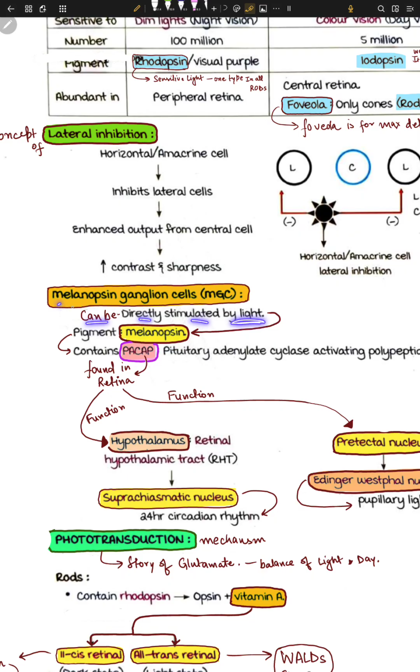And these cells, melanopsin ganglion cells, I told you ganglion cells make the axons of the retina that go to the thalamus, right? So these ganglion cells have something called melanopsin, right? And this melanopsin has something that is called PACAP. What is it?